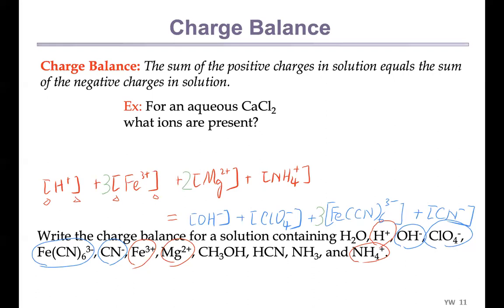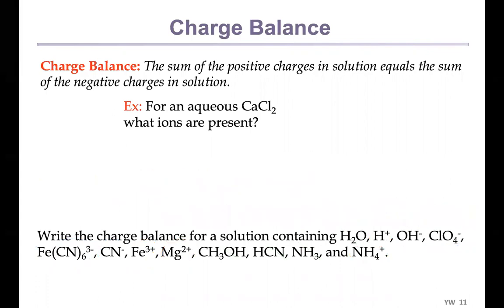You don't consider neutral compounds because they don't carry any charges. We're thinking about a charge balance, so you only consider the compounds that have charges. They're just ignored, because they don't affect the charge neutrality.